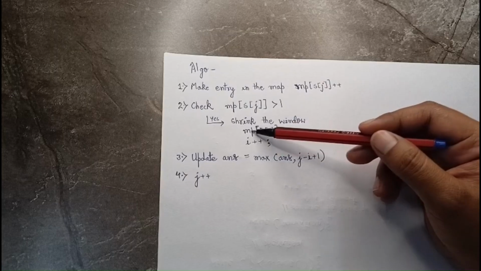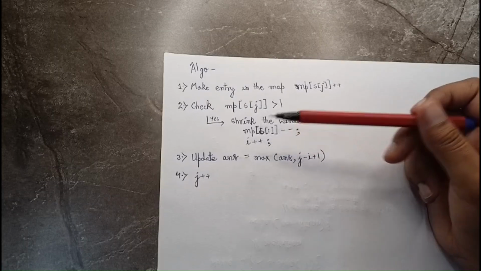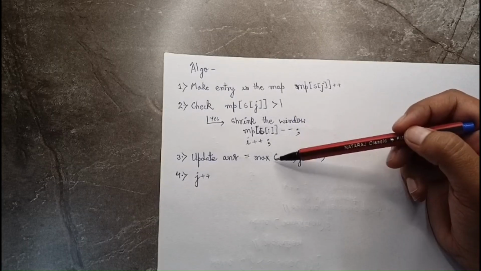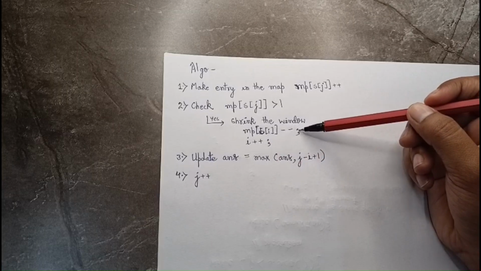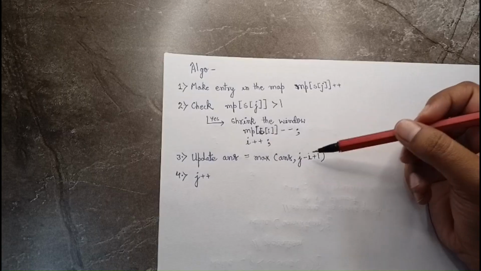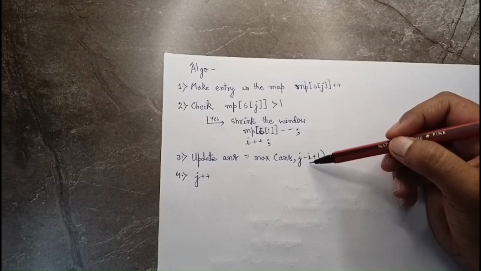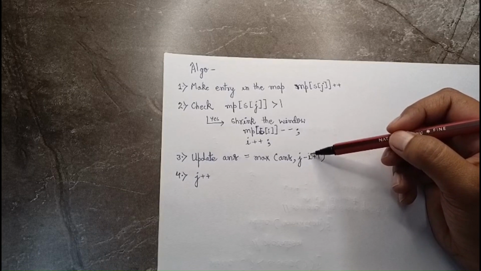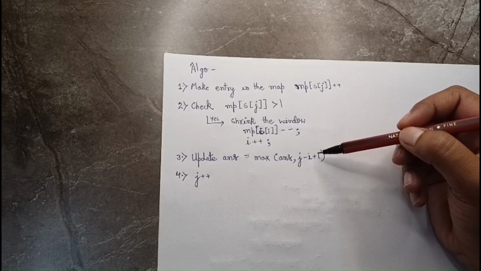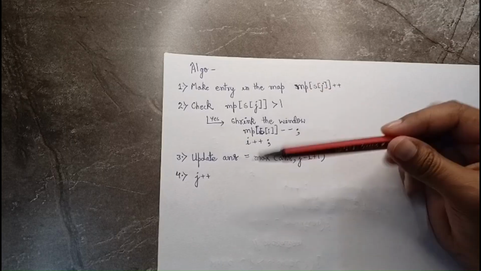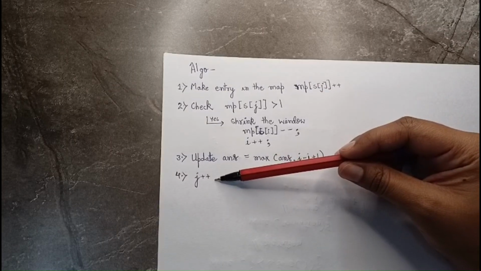So we'll shift I with I plus plus. Then we'll update the max length as the question demands. So for the length, we will take the difference of the indexes plus 1, because we are following zero based indexing. Then for the next iteration you have to make J plus plus.